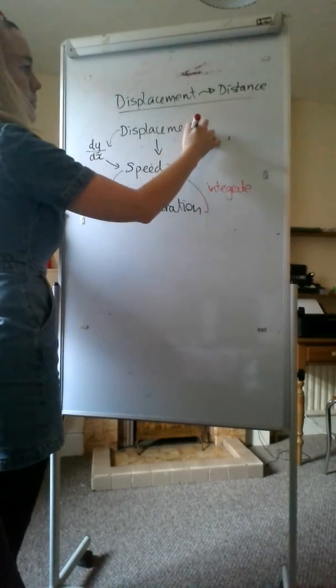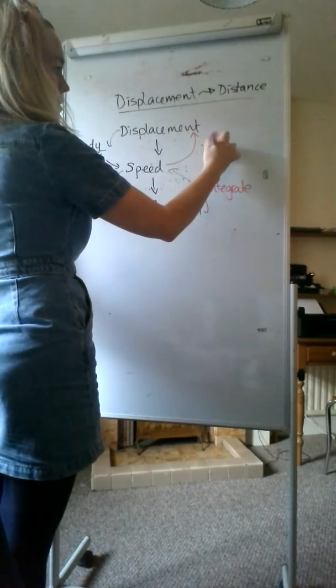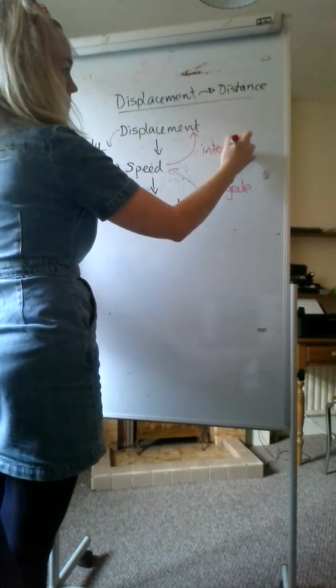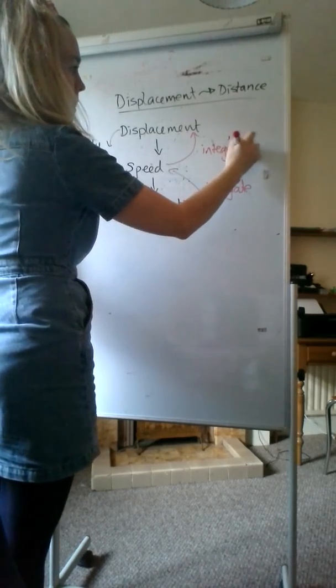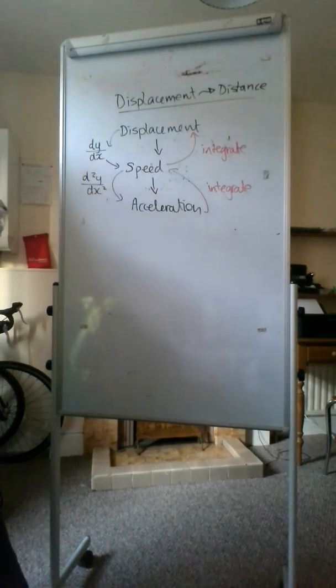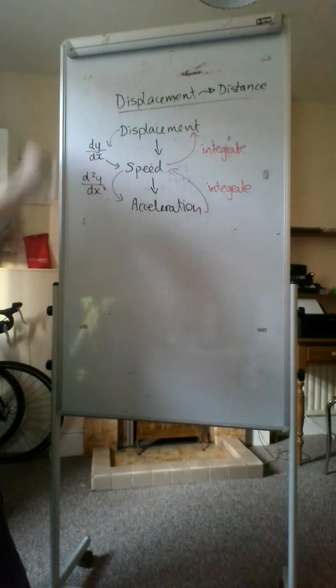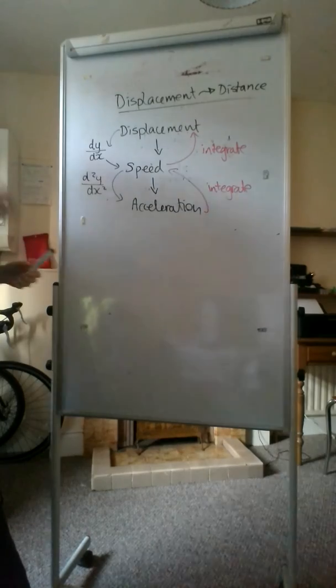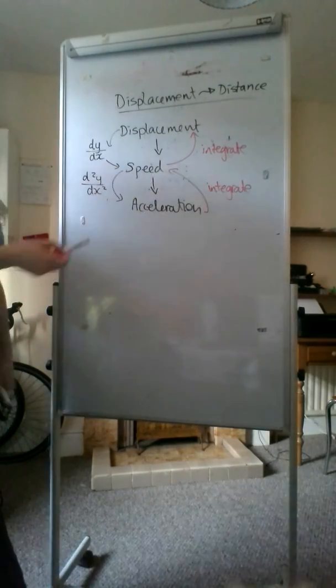Similarly, if you want the displacement, the distance, you would also integrate. Why this is important is you could be given questions either way, but for the purpose of this, we're mostly going to be going backwards because we're doing integration at the moment, okay?